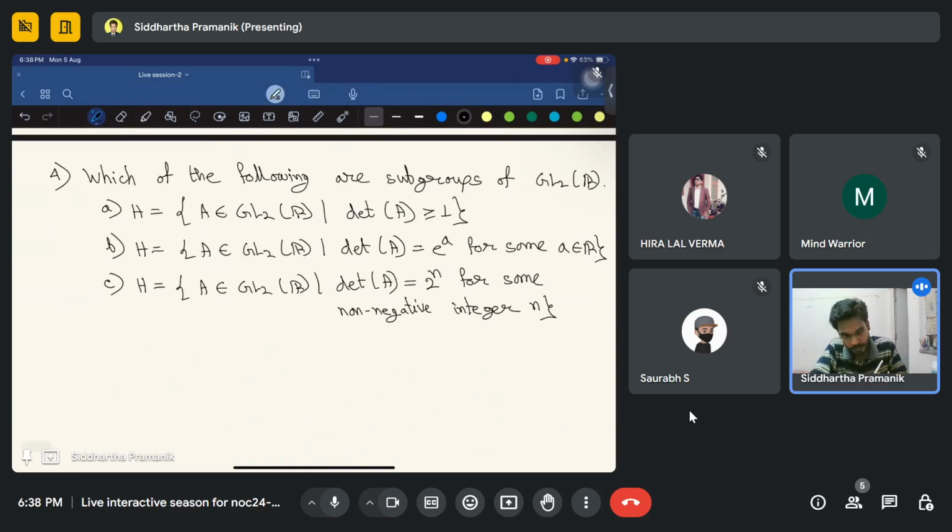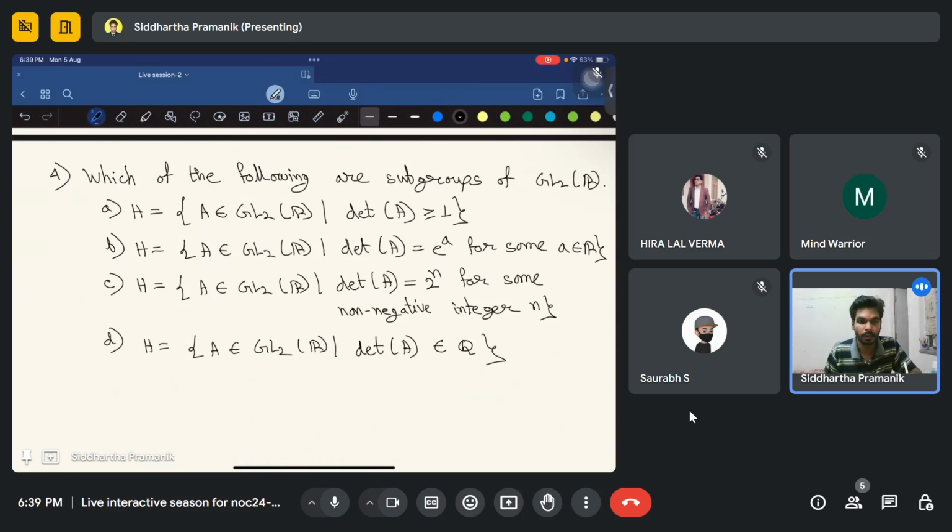And the fourth one is A belonging to GL2R such that determinant of A is a rational number. So let me write determinant of A belongs to Q. Okay, so can you tell me which of the following are subgroups and which are not?